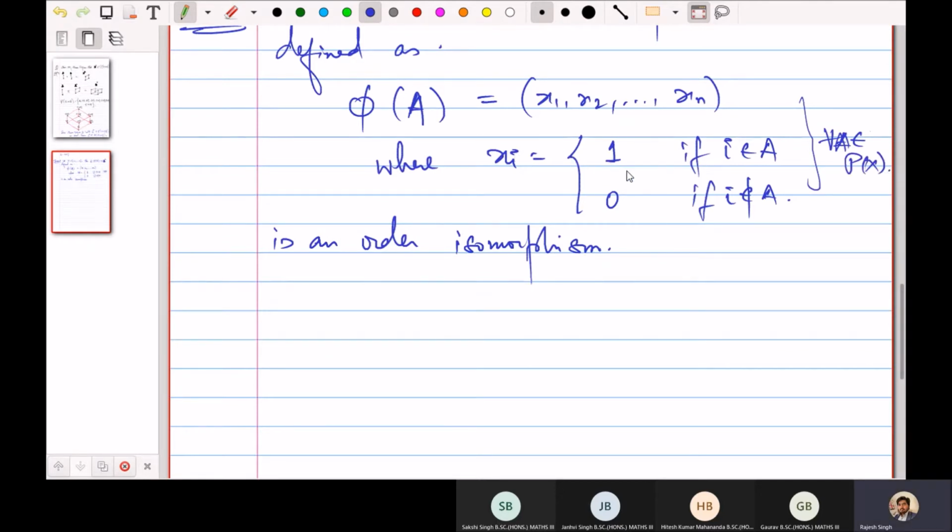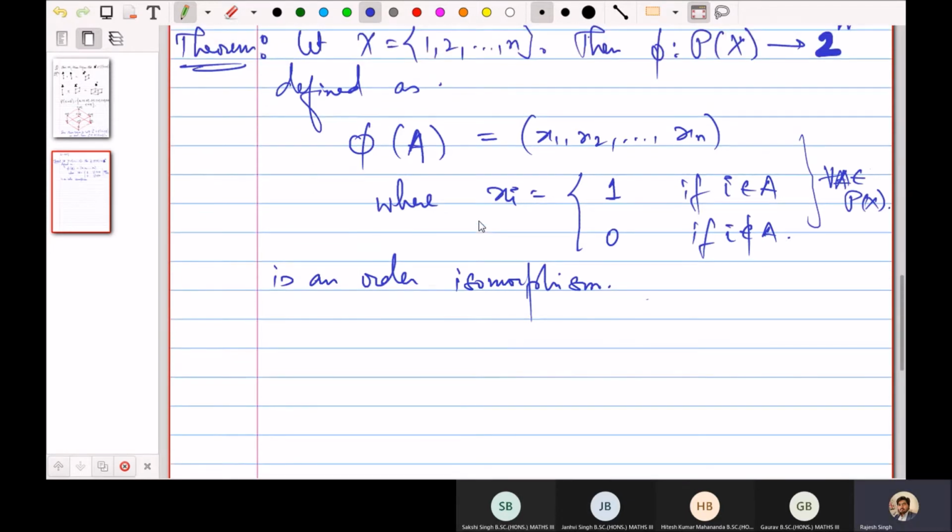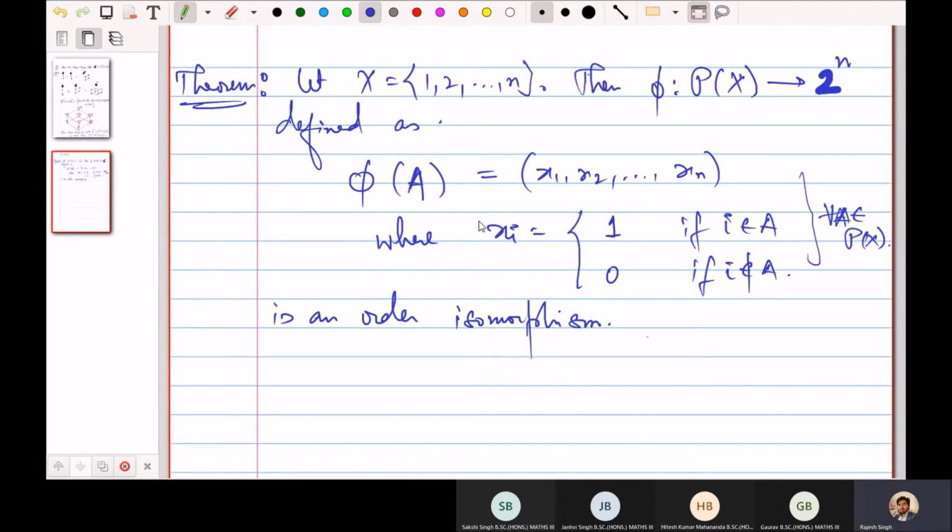It is kind of the characteristic function of A, right? xi is nothing but the characteristic function of A. So xi is 1 if i belongs to A and 0 if i does not belong to A. Is this definition clear? Yes, sir.